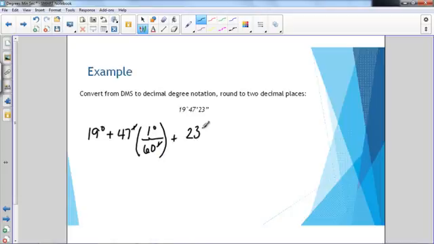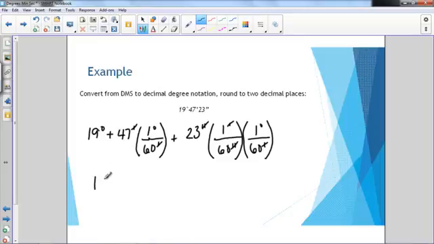plus 23 seconds. So here I need to cancel my seconds out, so I know that 60 seconds is 1 minute. But now when I cancel out my seconds, I'm still left with minutes here, and of course I need to be in degrees. So I'm going to use my second conversion, 60 minutes in 1 degree. So now when my minutes cancel, I'll be left with degree.